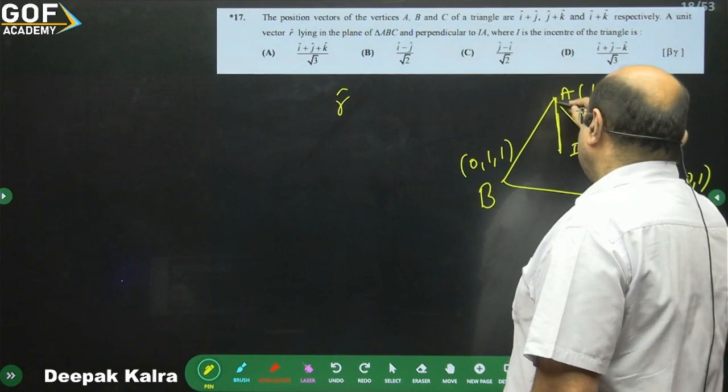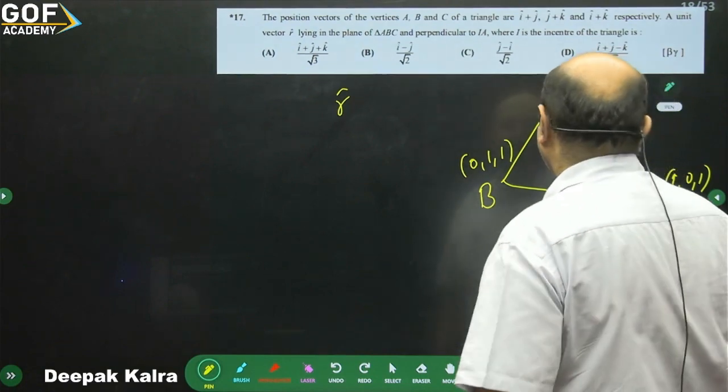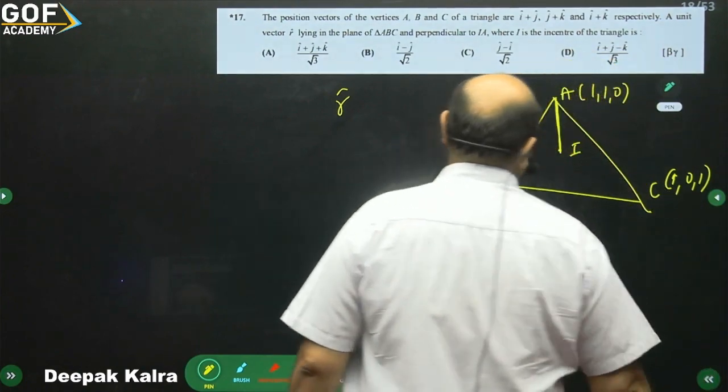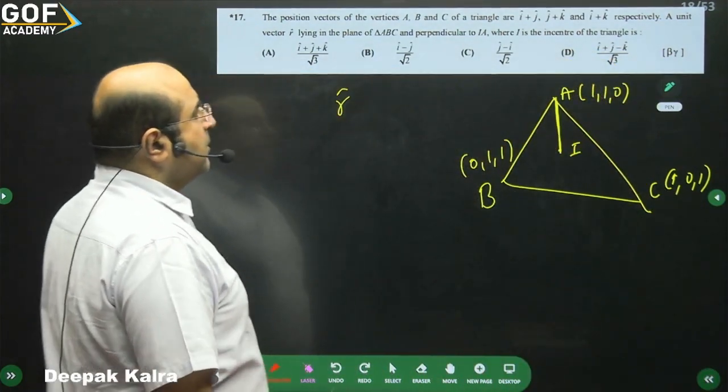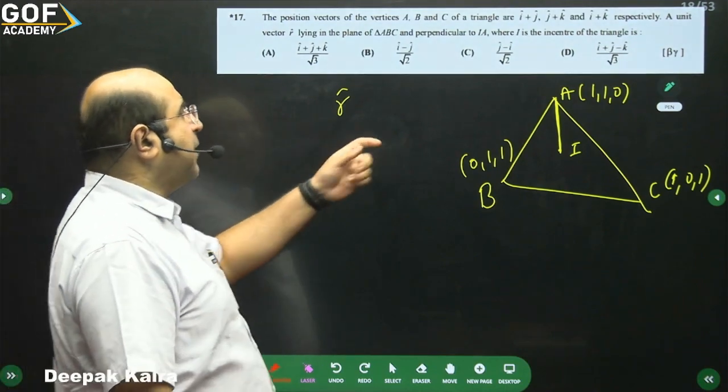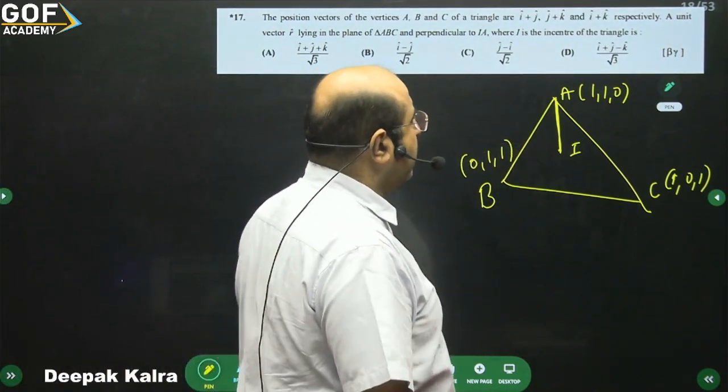So this is IA. I want a unit vector perpendicular to IA. This you can also do by options. Only, first of all, you have to understand how to get IA, the incenter I.